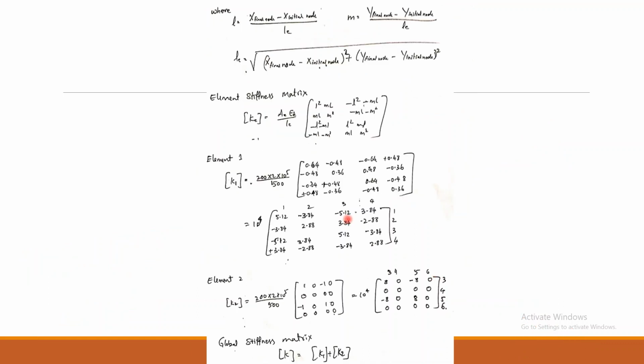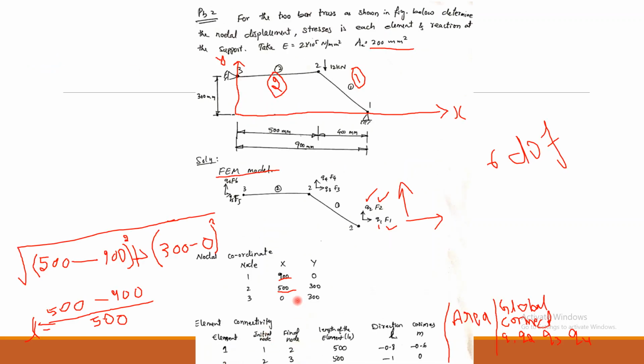So for the m, m is equal to y final node. Final node is which one? Node 2. Node 2 y value is 300.